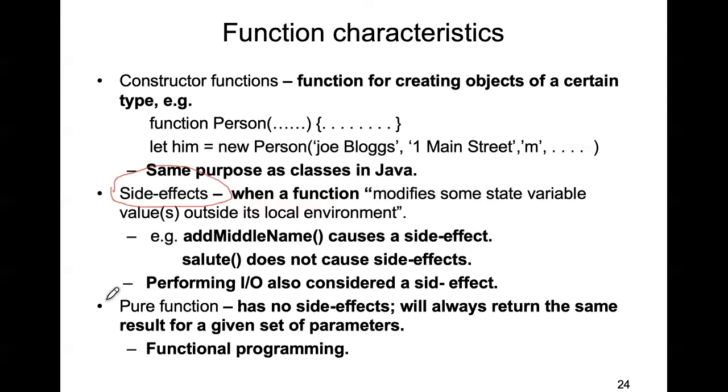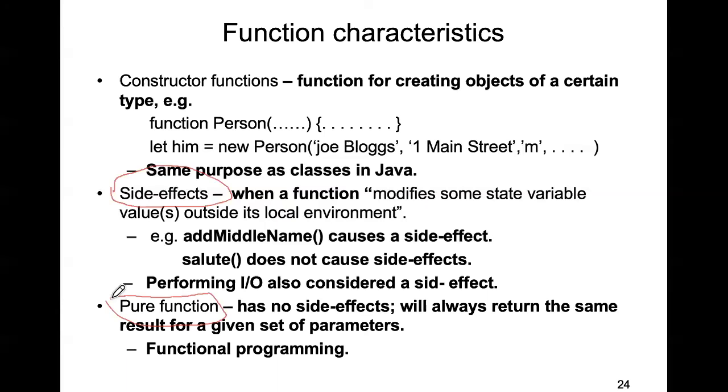There's this idea of having pure functions in your code. And a pure function is a function that has no side effects. And it's considered a good objective to try and have as many functions within your JavaScript code that are pure.